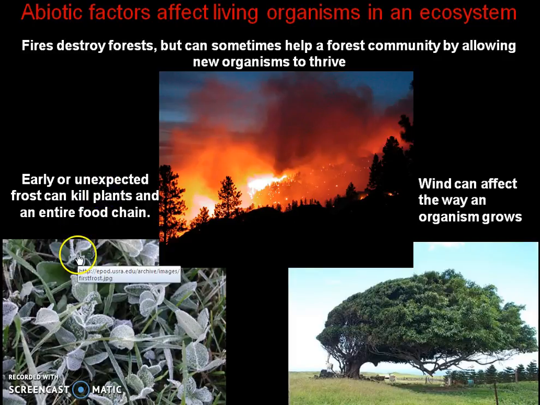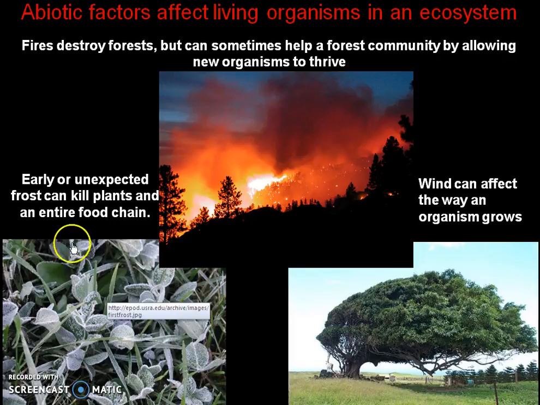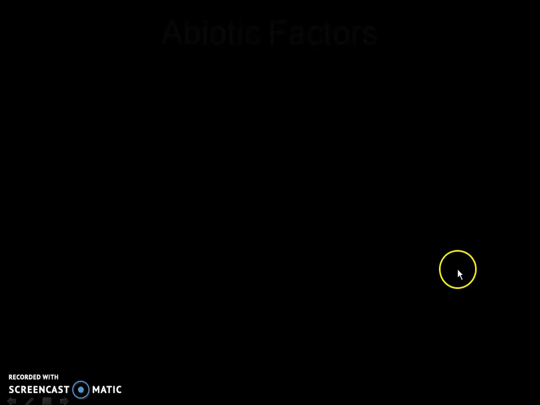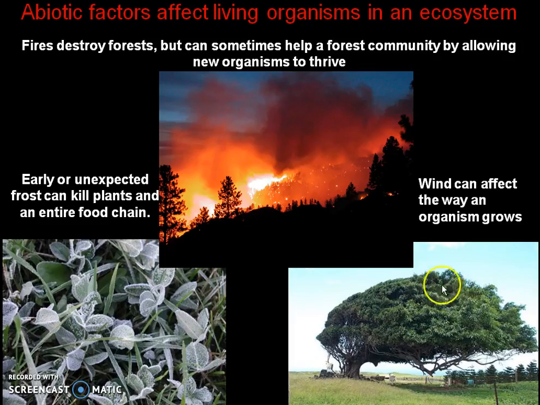Early or unexpected frost can kill the plants and the entire food chain. Wind can affect the way an organism grows. Because of the wind, this plant grows and can change its direction.